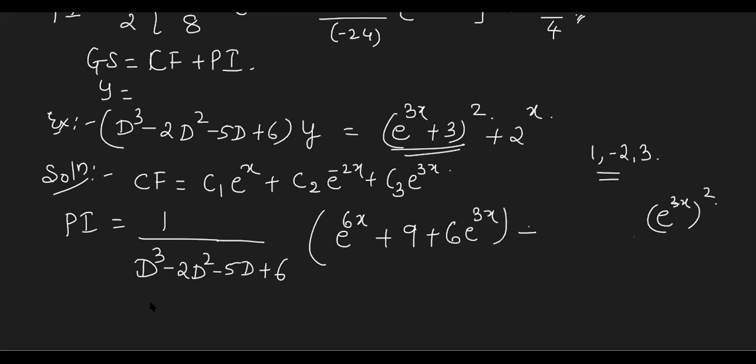Now this is okay. What about this term 2 raised to x? How can I write it in terms of exponential? Any idea? Think about it. See, if it was only 2, how would I have written? 2 into e raised to 0x. But it is 2 raised to x.